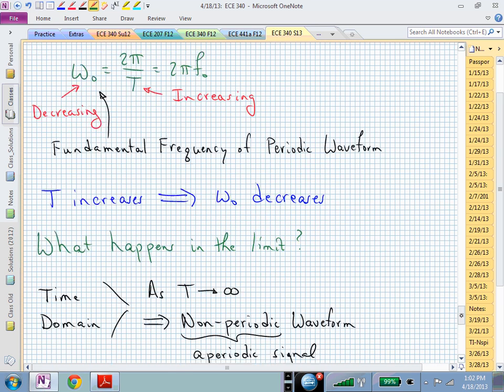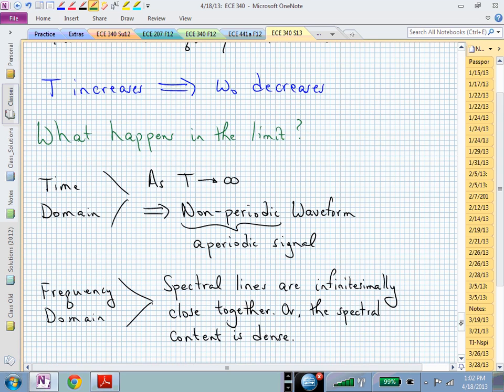We can think of this in 2 different spaces or domains. In the time domain, as capital T goes to infinity, we're never going to repeat that waveform. If we're not repeating, then we're not periodic. It becomes a non-periodic waveform as capital T goes to infinity. Is that clear?